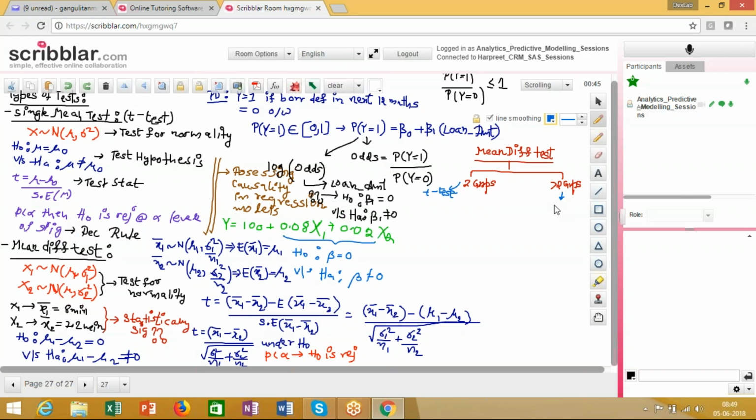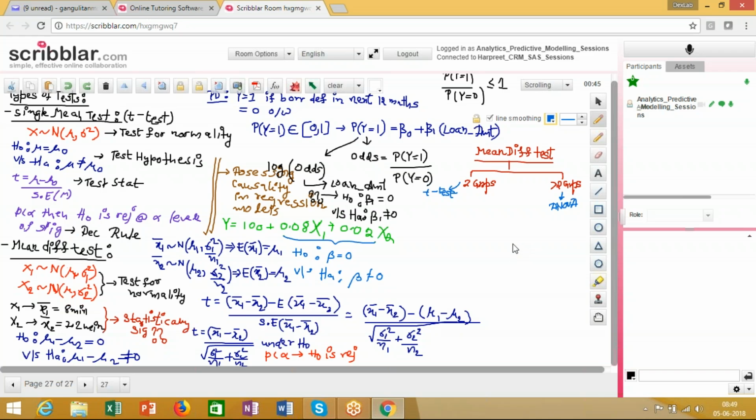On the other hand, if there are more than two groups, we have the ANOVA.